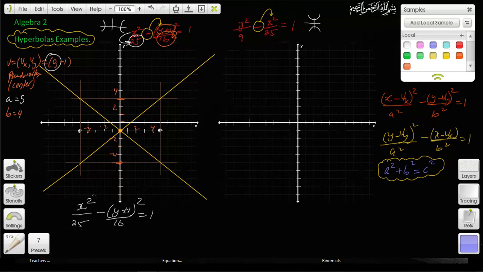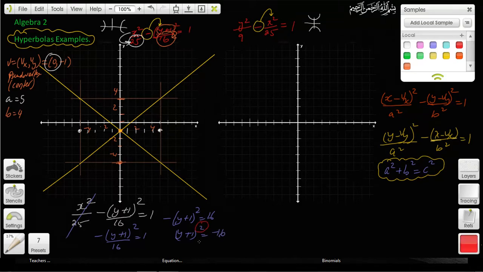If you plug in 0 over here, this whole term is gone. So now you have negative (y plus 1) squared over 16 equals 1. I'm going to multiply both sides by 16, so I get negative (y plus 1) squared equals 16. Divide both sides by -1, so I get (y plus 1) squared equals -16.